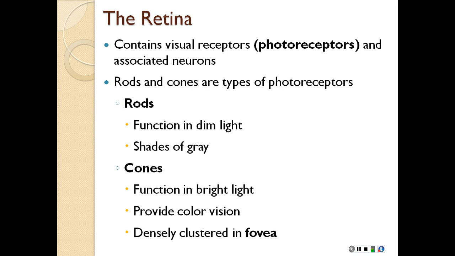And cones are densely clustered in the fovea. What is the fovea? It's that little part in the center of the retina. And what's important about it? Right. It provides high visual acuity, sharp vision.